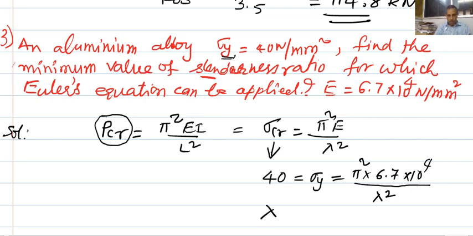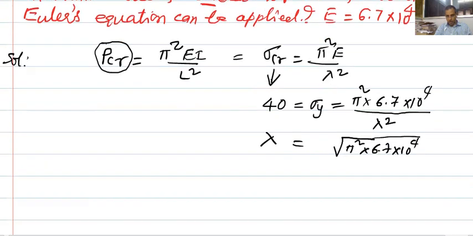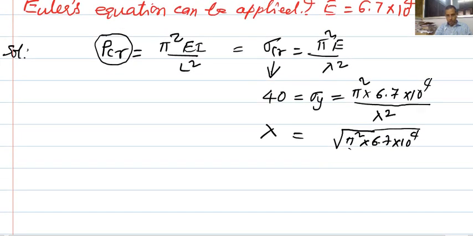So, lambda equal to square root of pi square into 6.7 into 10 power 4, divided by 40. So, what I get for lambda here is 128.6.